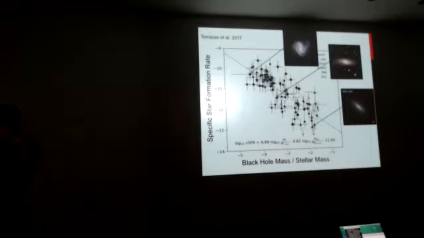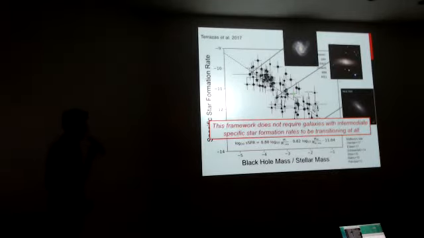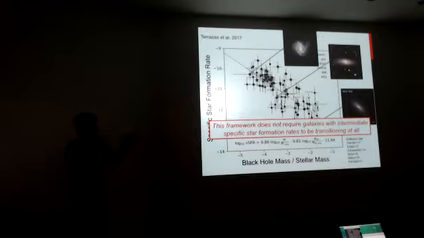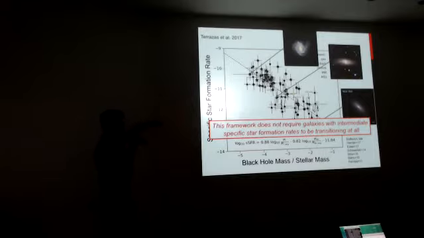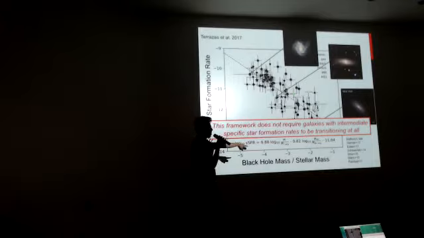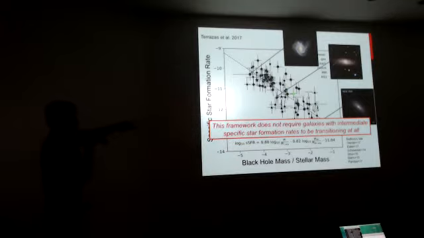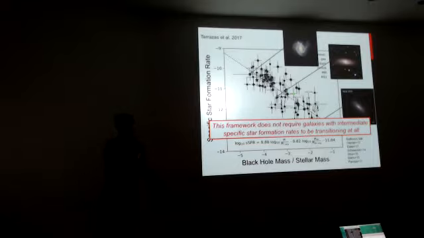And so if this is actually widely applicable, then it's telling you something about the way that galaxies transition from star-forming active galaxies to passive galaxies as well, because my framework that I just laid out here does not require the galaxies in the intermediate part of the star formation rate space to be transitioning at all. If you have a galaxy that lies in this middle part that has a medium-sized black hole compared to its stellar mass, then it can stay here in this middle part of the diagram. It doesn't have to be transitioning.